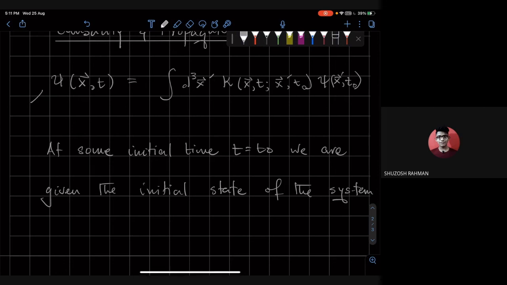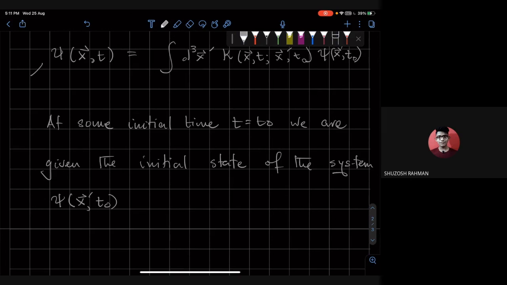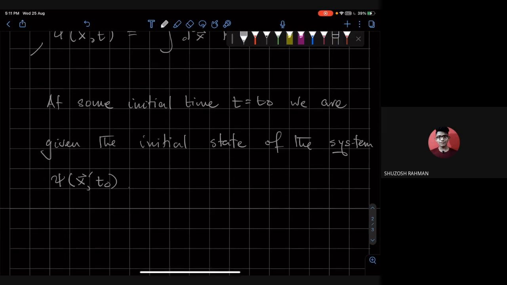And it's given in terms of the wave function over all of space. Okay? And the problem is, how do we find the final state of the system?